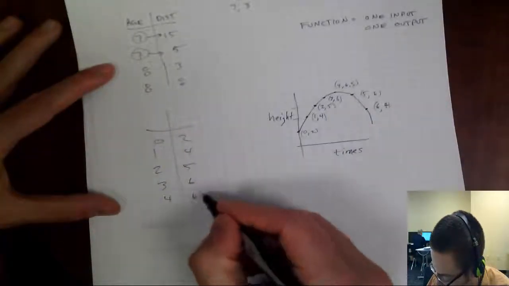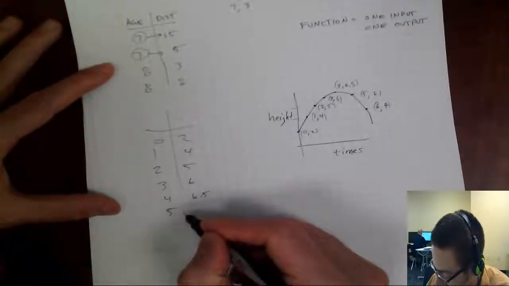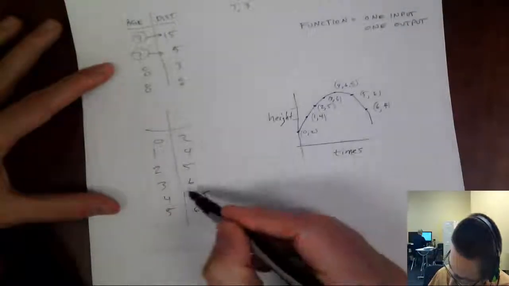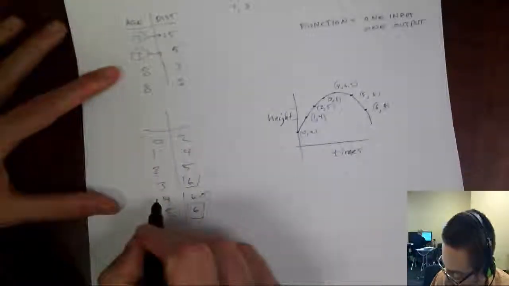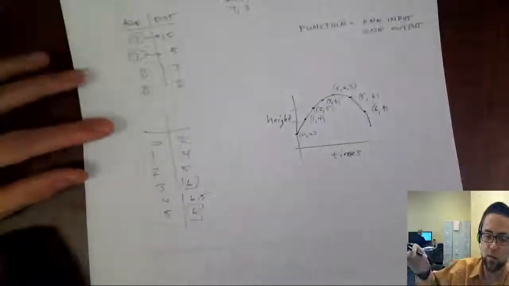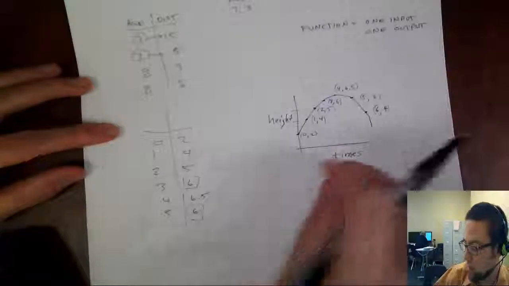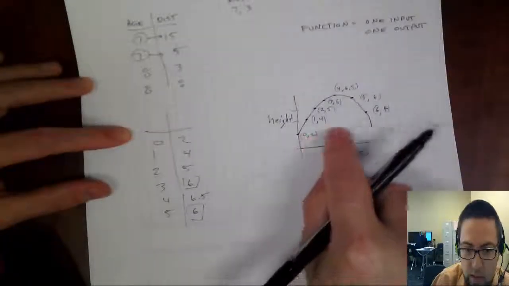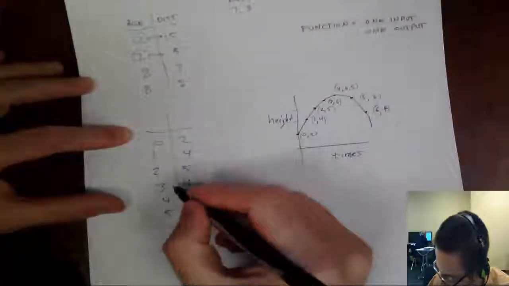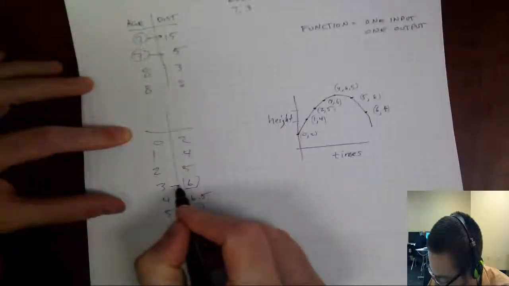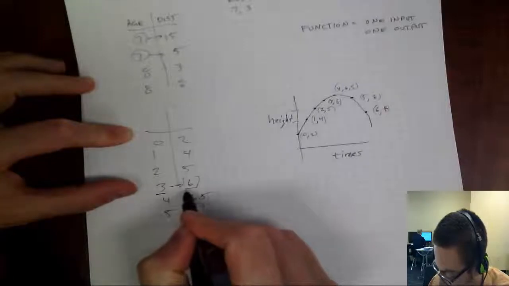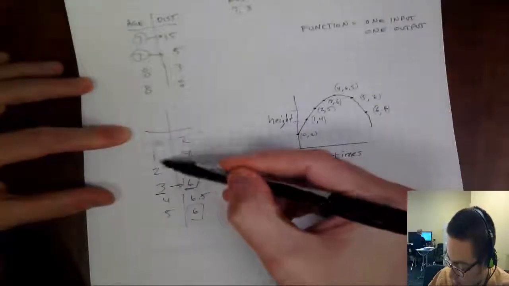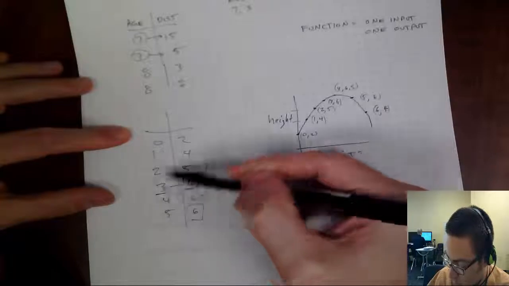It's just made up. But notice here that 6 appeared twice, didn't it? But this still has a functional relationship, right? The height that the ball is at does depend on how long it's been in the air, right? So there's a functional relationship, and the way you can say it's functional is for every input there's exactly one output. So I don't see 3 on this list again, right, to give me some other output.